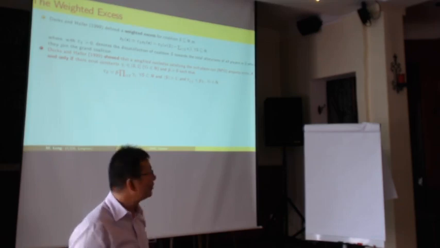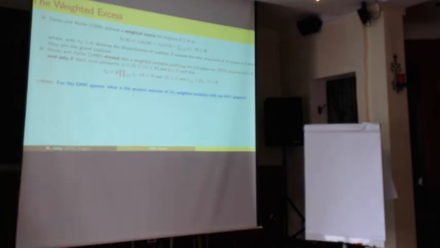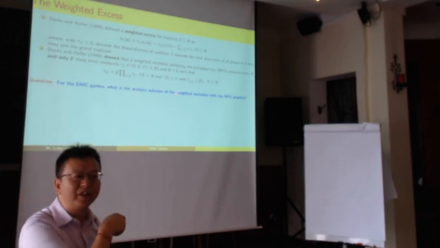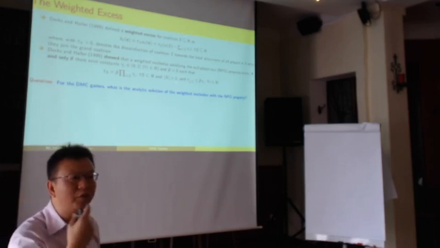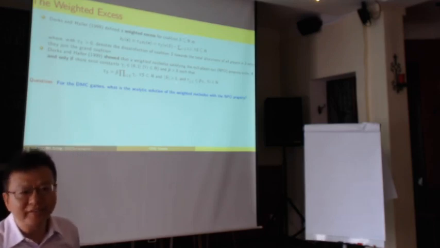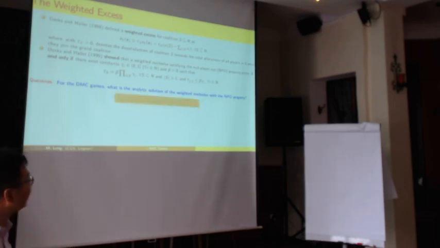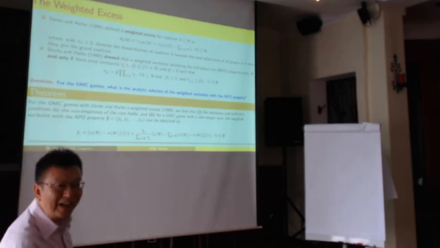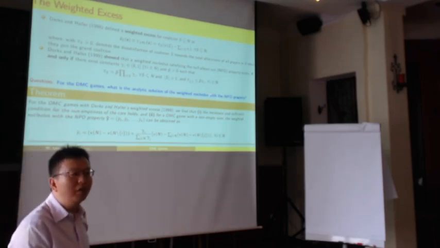So my question is, do we have an analytical solution of the weighted nucleus based on their definition of the weighted axis? If I use this weighted axis, can we find a closed form solution for the weighted nucleus? So this is my question. Okay, finally we got these results. The necessary and sufficient condition for checking non-emptiness of the core is the same.